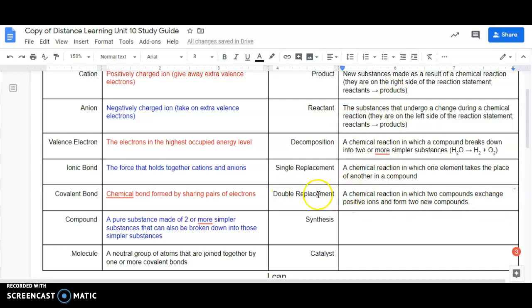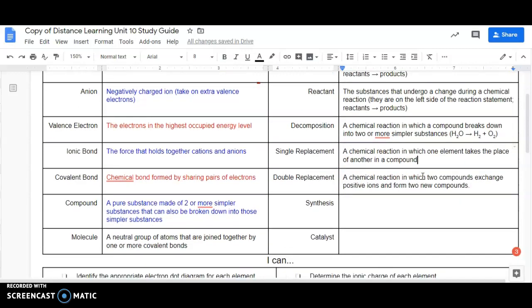And in a double replacement, we would have two compounds as reactants, and then those cations, the positively charged ions, would exchange places. For a single replacement, typically this would be an element plus a compound, and then the element takes the place of one of the elements in that compound to make a new element and a new compound.